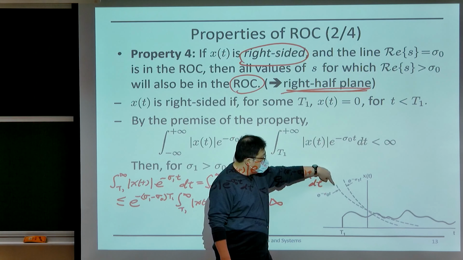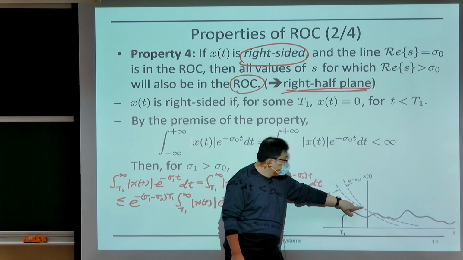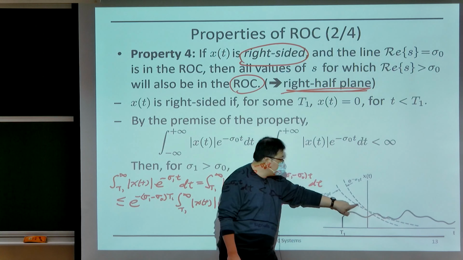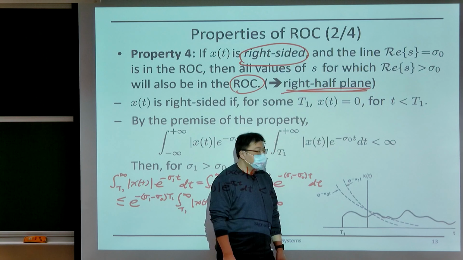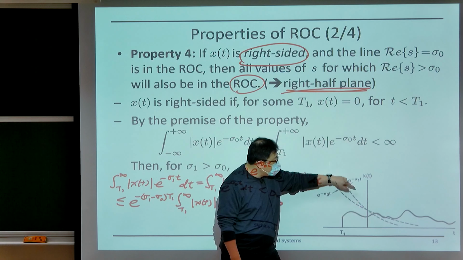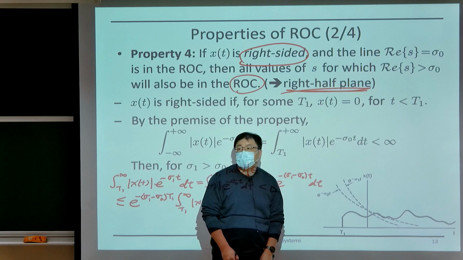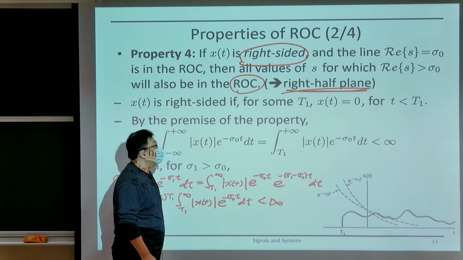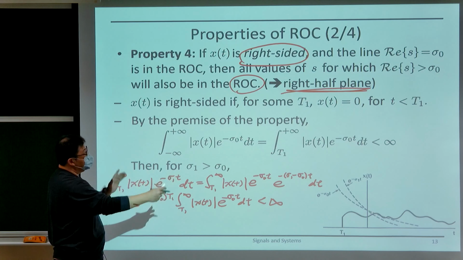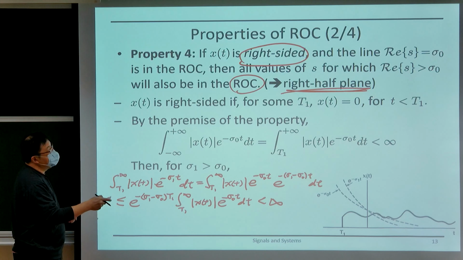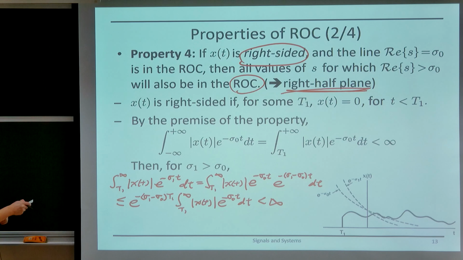So if it converges for this, when you multiply it with this curve here, then any other exponential that decays even faster should also converge, okay? And that corresponds to points to the right of sigma naught, okay? So if a signal is right-sided, then the region of convergence must be the right half plane.